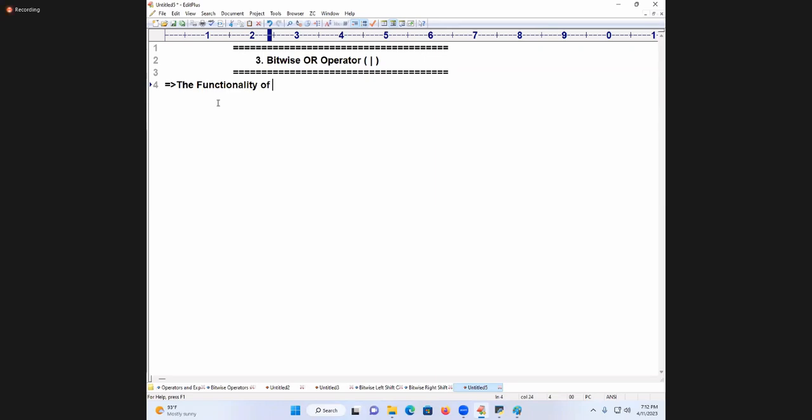Logical operators are there or not? Yesterday only we discussed the OR operator. That OR operator and this OR operator are completely different. They are not at all the same. Now I am going to show you the functionality of the bitwise operator in the following truth table.